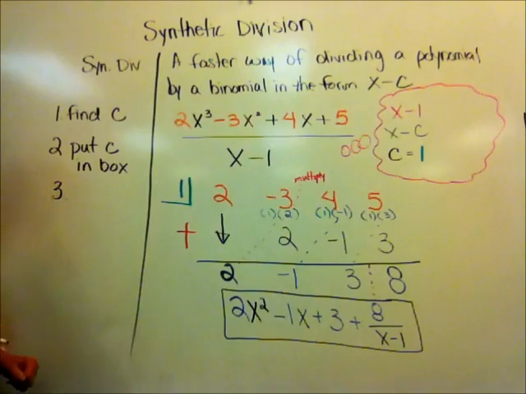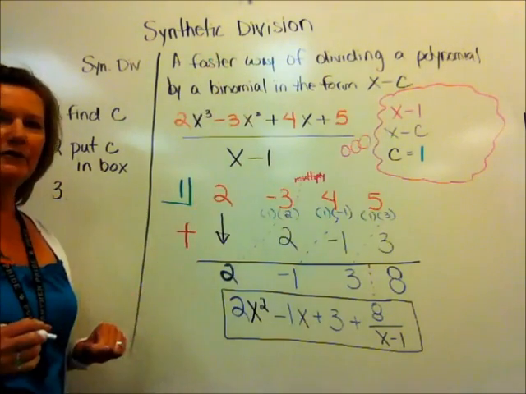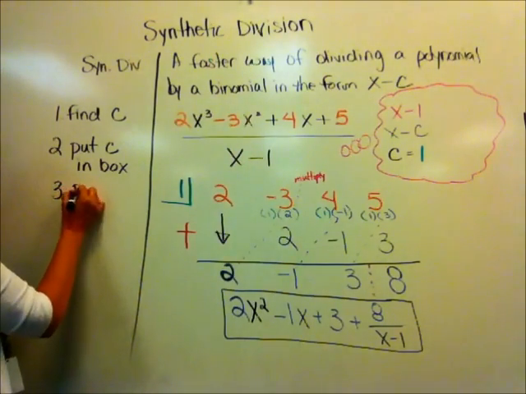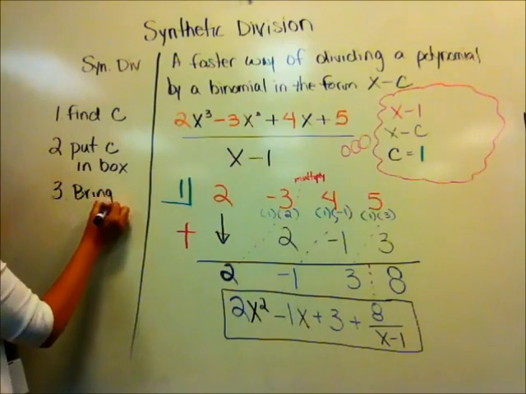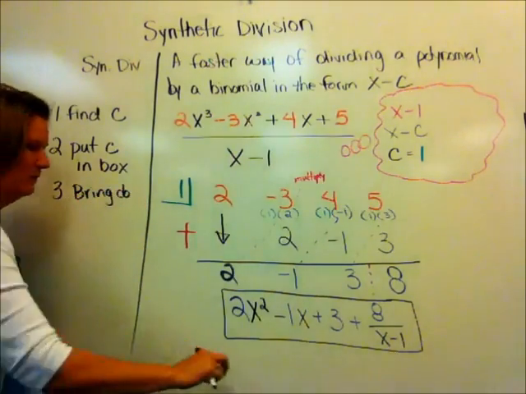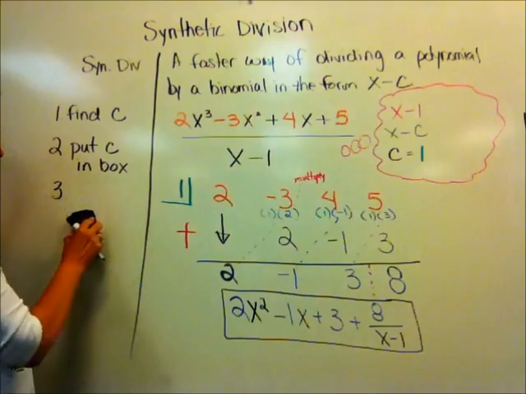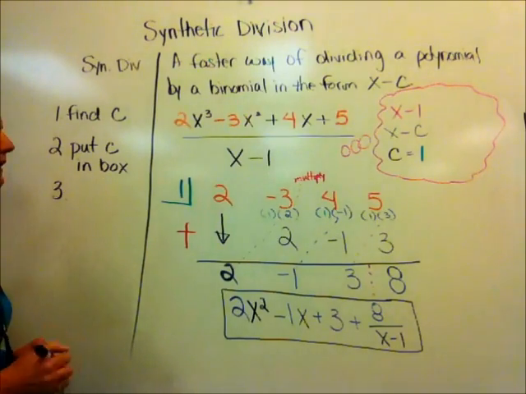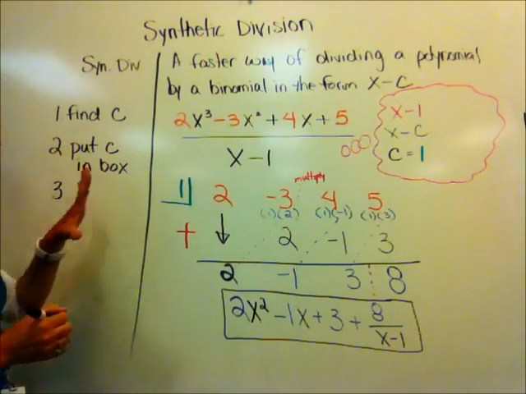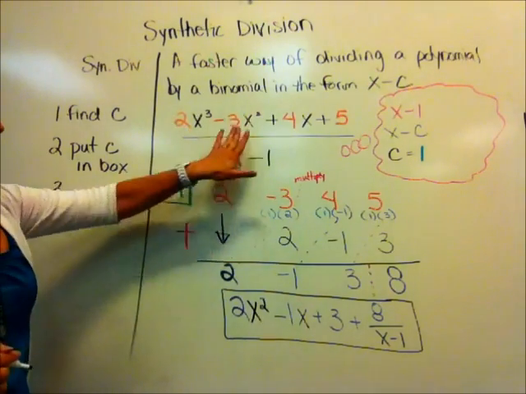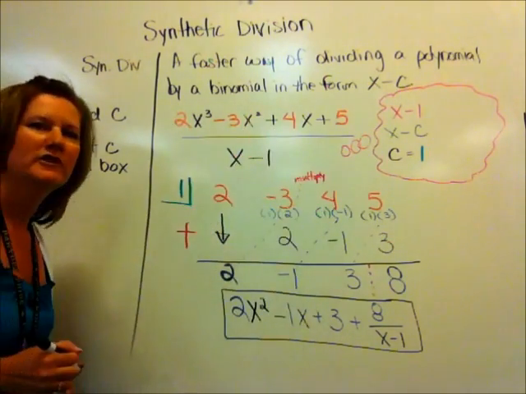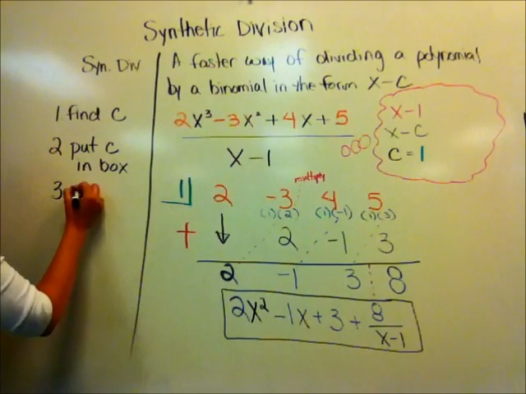Number 3, you're going to write down the numbers from your polynomial. So your coefficients are called coefficients.